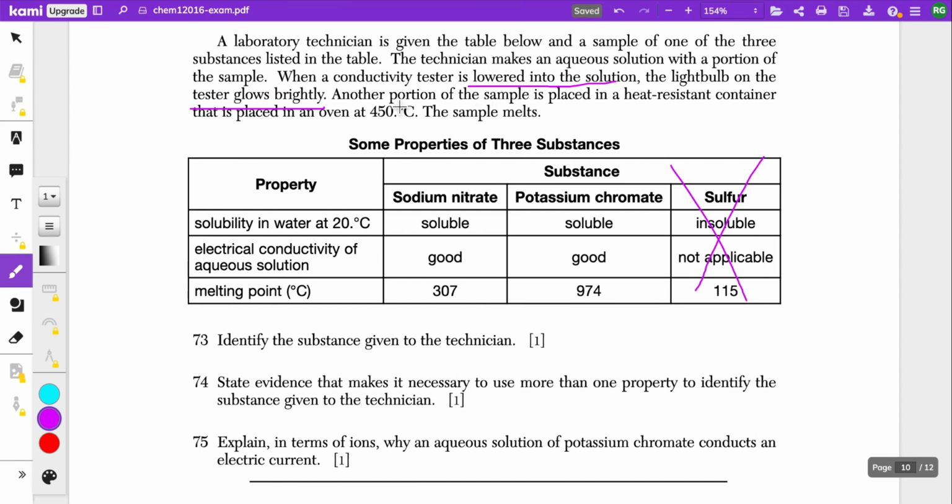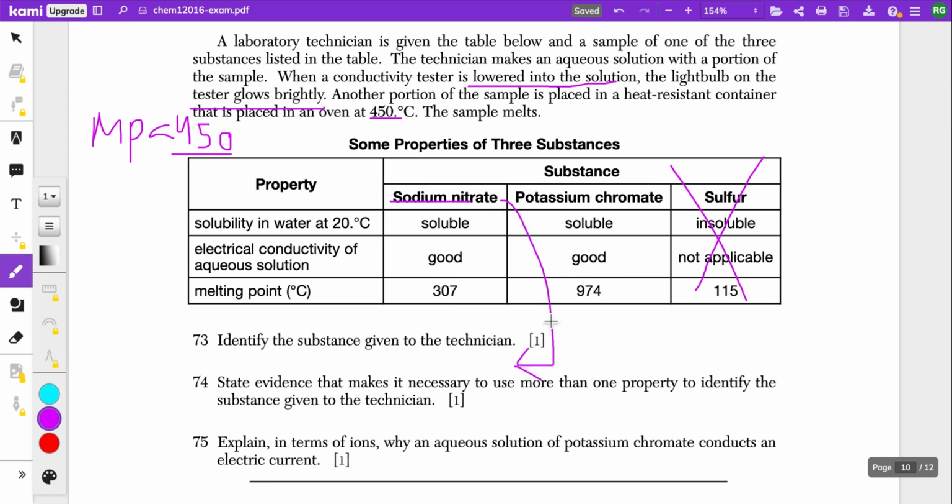Another portion. If something melts at this temperature, that means its melting point has to be lower than 450 degrees Celsius. The melting point of sodium nitrate is below 450 degrees Celsius, so the substance is sodium nitrate.